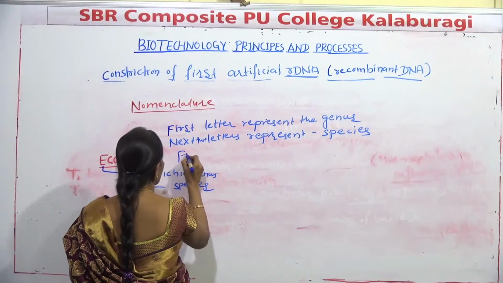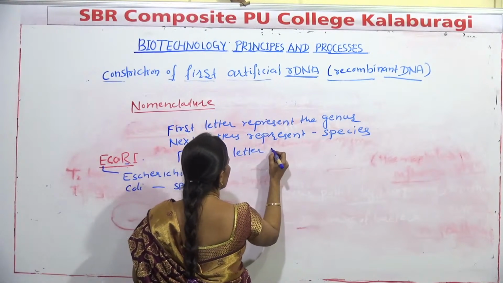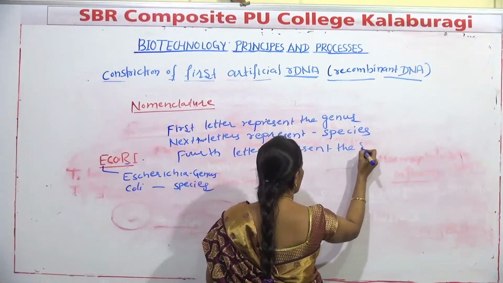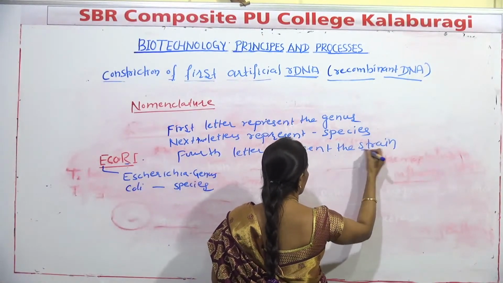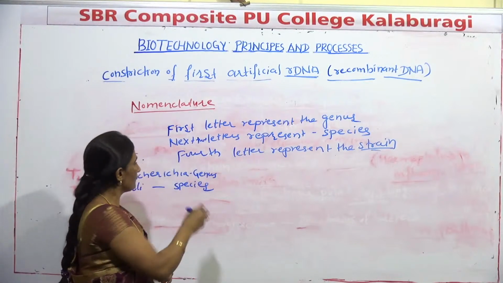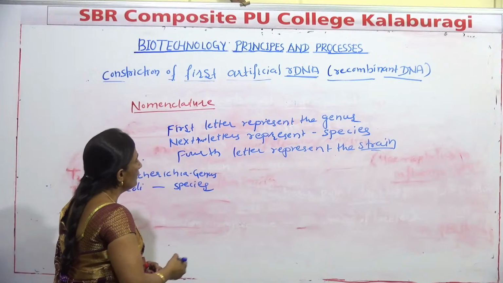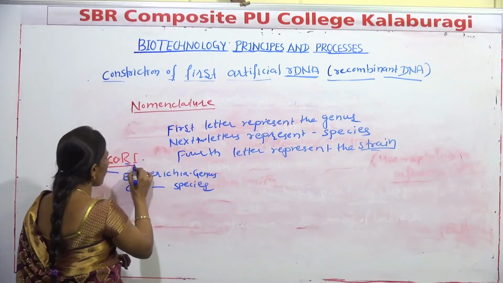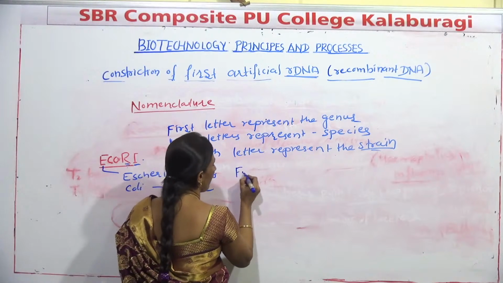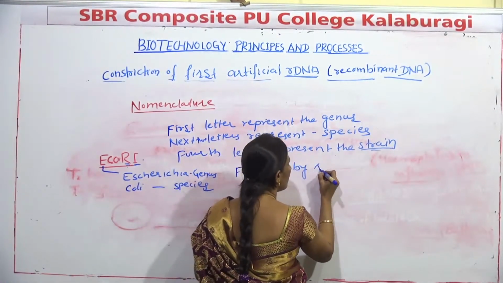This fourth letter represents the strain, if present. Rough strain, smooth strain. If it is present, then the fourth letter will be the strain. Then the next, it is followed by a Roman numeral.